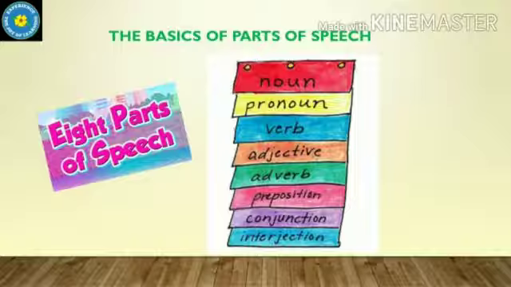Okay, children, do you know what they are? And how many of them are there? The basic parts of speech are eight in number. How many, children? Eight. Repeat after me. Eight parts of speech.